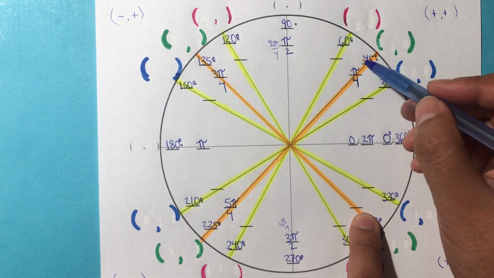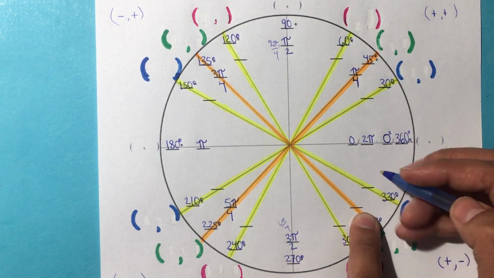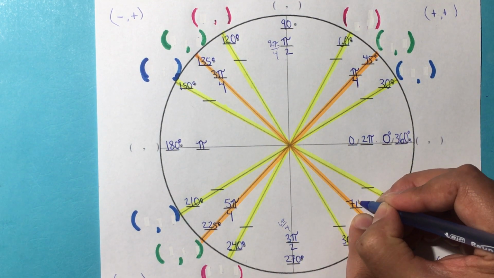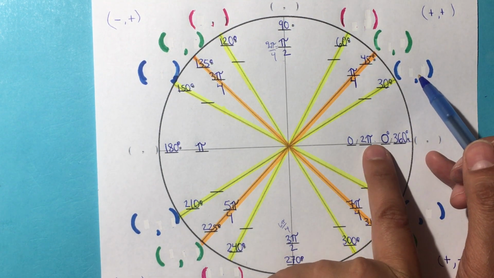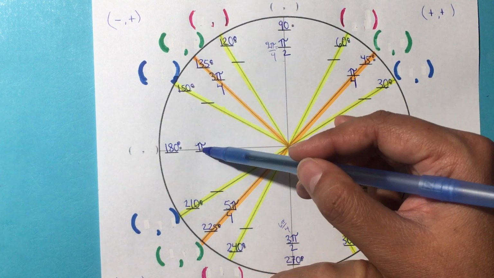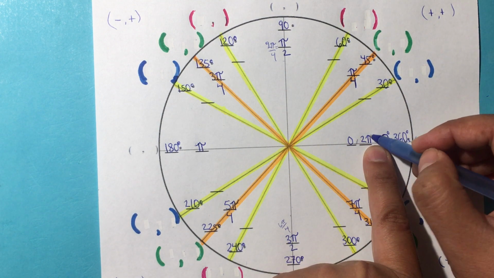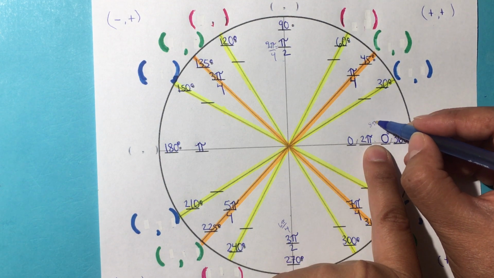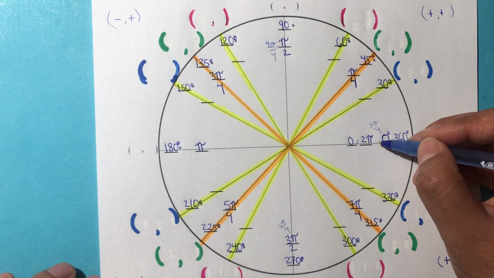For this one, 1, 2, 3, 4, 5, 6, 7 pi divided by 4. And then finally this one, 1, 2, 3, 4, 5, 6, 7, 8 pi divided by 4. 8 pi divided by 4, 8 divided by 4 is 2. So that's where you get the 2 pi.